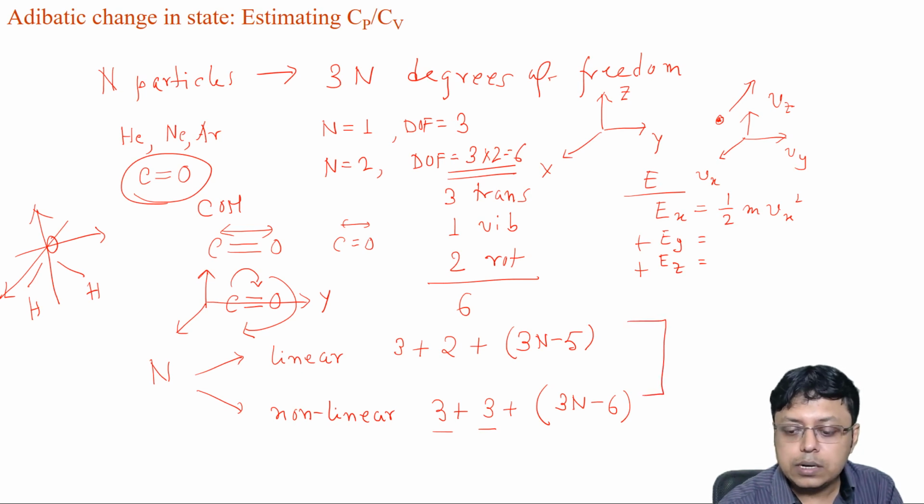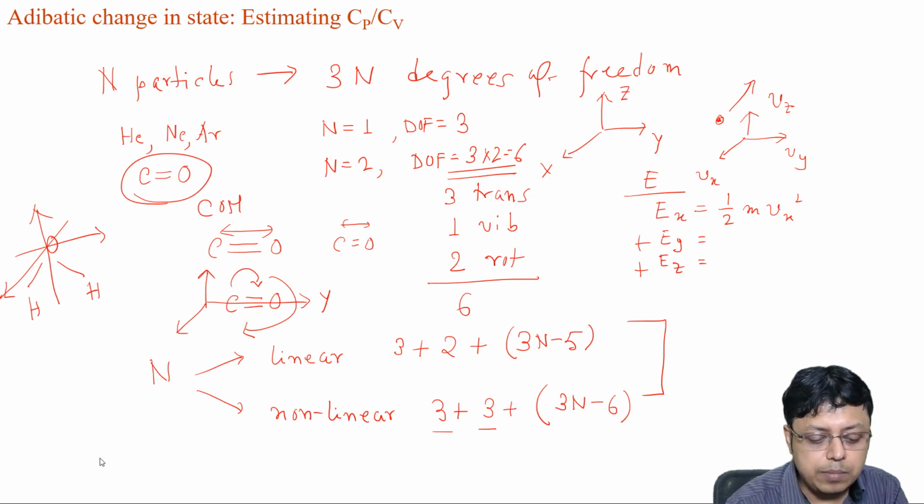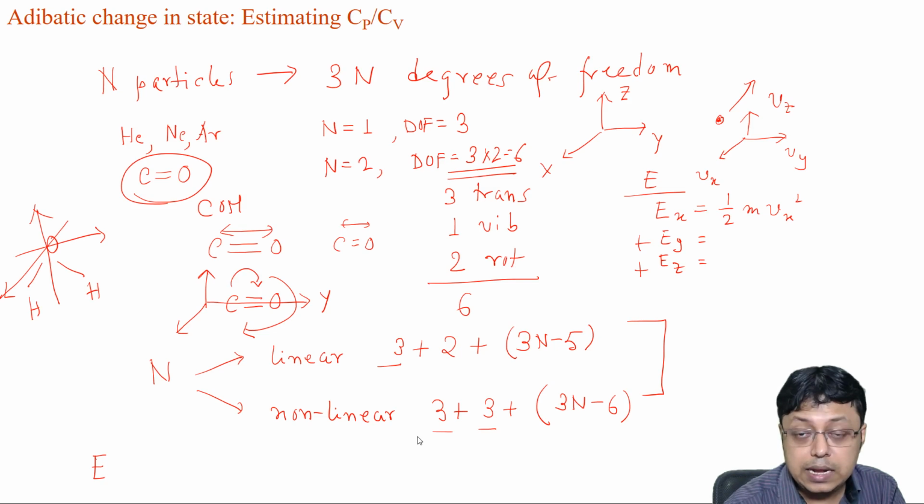Now the equipartition theorem tells us that for any degree of freedom, if the associated energy can be written as a sum of square terms, meaning in this case we saw that there are 3 translational motions, and the translational kinetic energy along any direction, for example Ex, was written as proportional to Vx square.